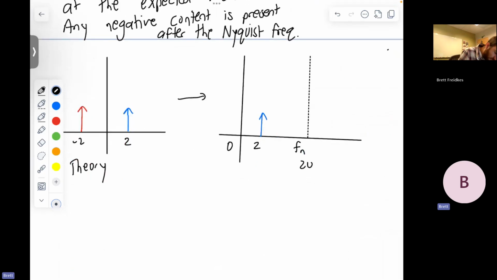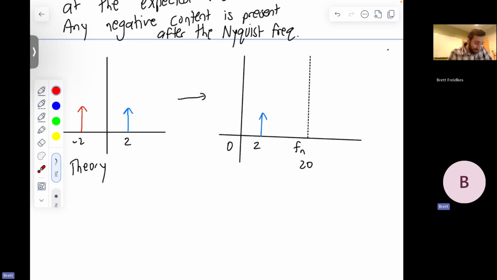That means that this is 20. That's the Nyquist frequency. We don't expect any frequencies to show up here because any frequencies that are here are aliased down due to the Shannon-Nyquist theorem. We're going to end up aliasing them.